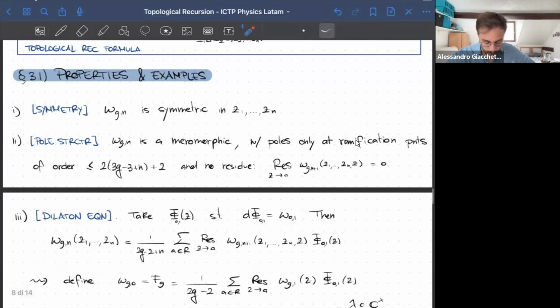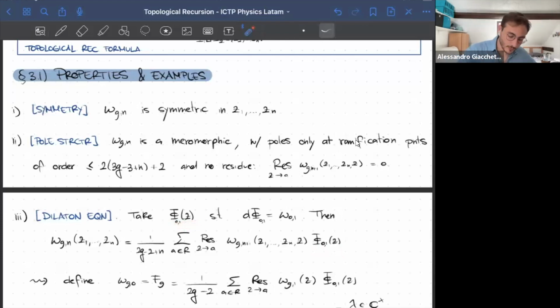It doesn't matter which primitive you choose. But after you do so, these omega g,n are given by 1 over (2g minus 2 plus n) times a residue of omega g,n+1 when you multiply this omega g,n+1 by this phi 01.